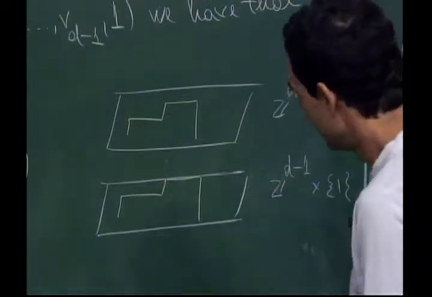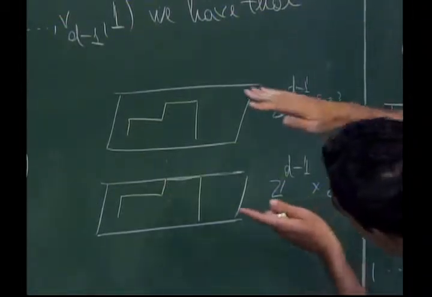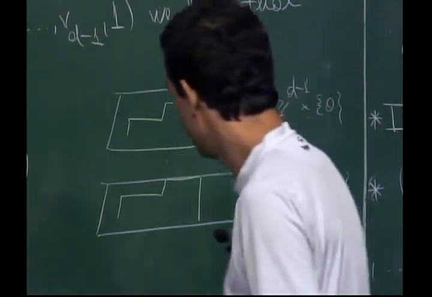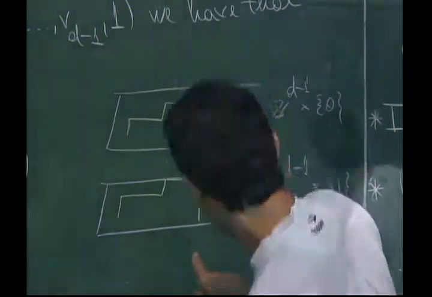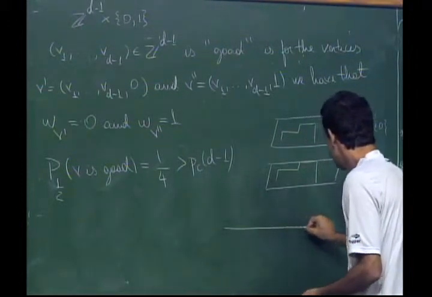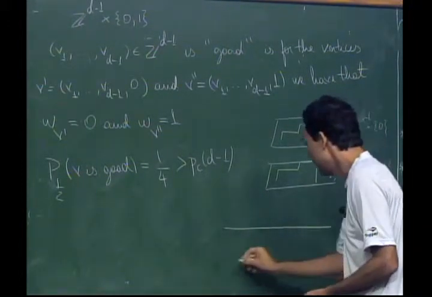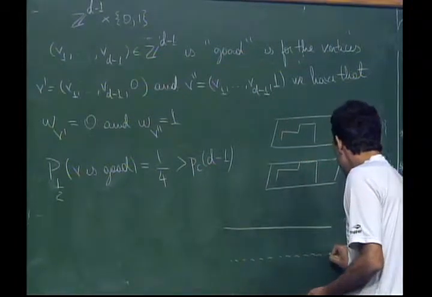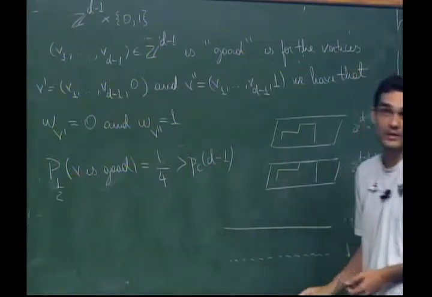That is, if I look in this direction, I have an infinite path of zeros and an infinite path of ones.